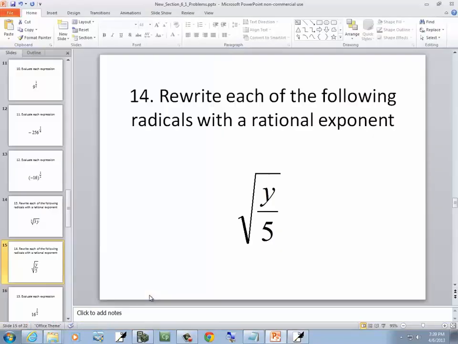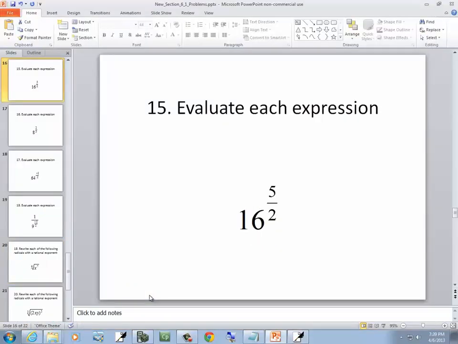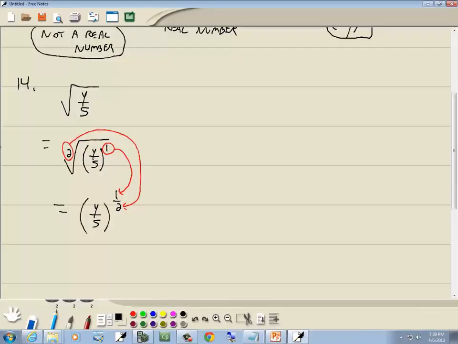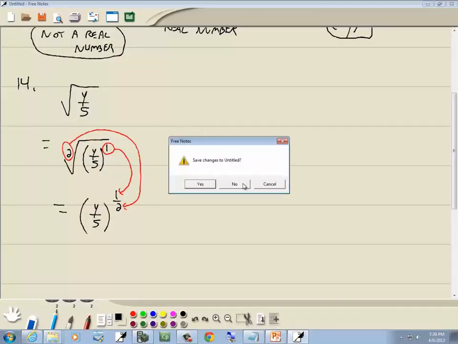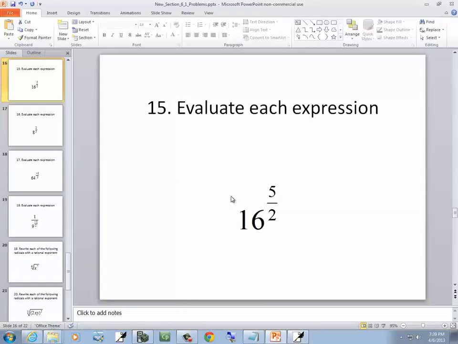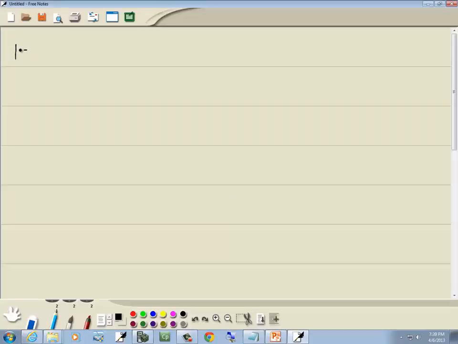And let me start a new page. This next problem is going to take a few steps written down. So we've got 15, which is 16 to the 5/2 power. And they want us to evaluate each expression.